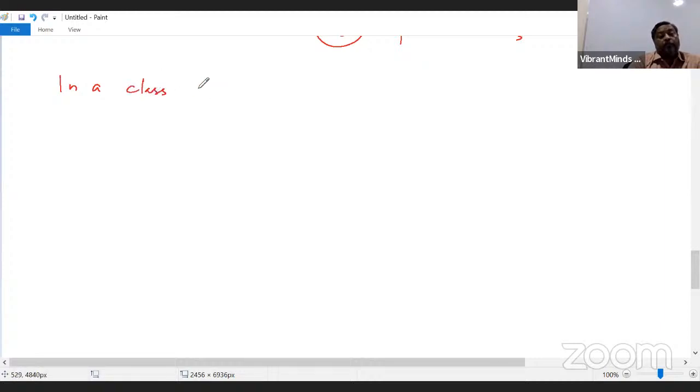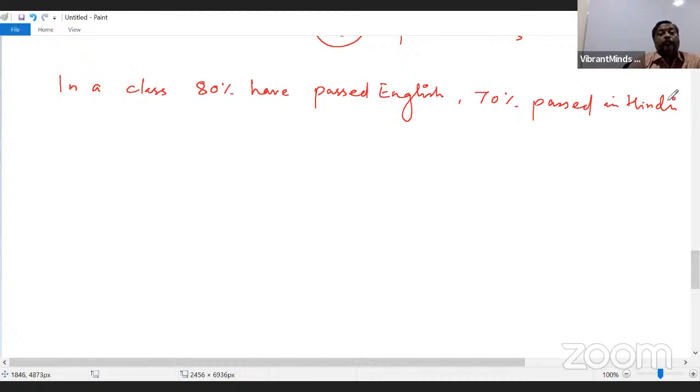In a class, 80% have passed English, 70% passed in Hindi, and 10% failed in both.